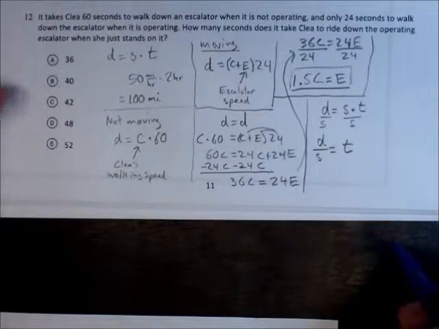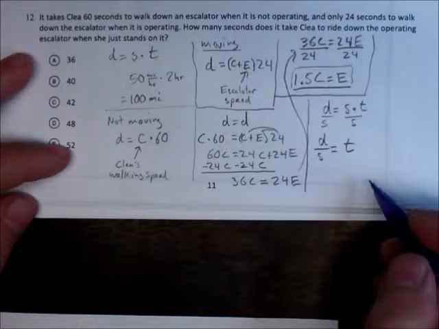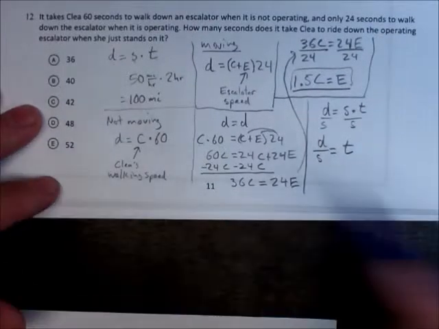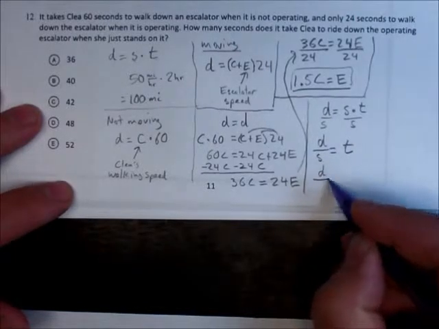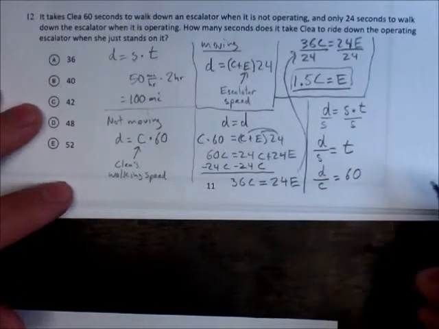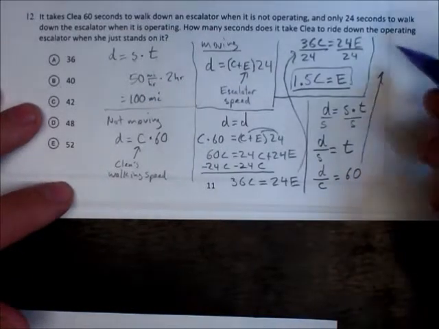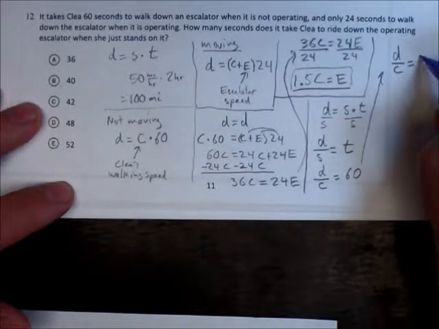Okay, so now we know that she goes down the escalator in 60 seconds, so d divided by c is equal to 60.